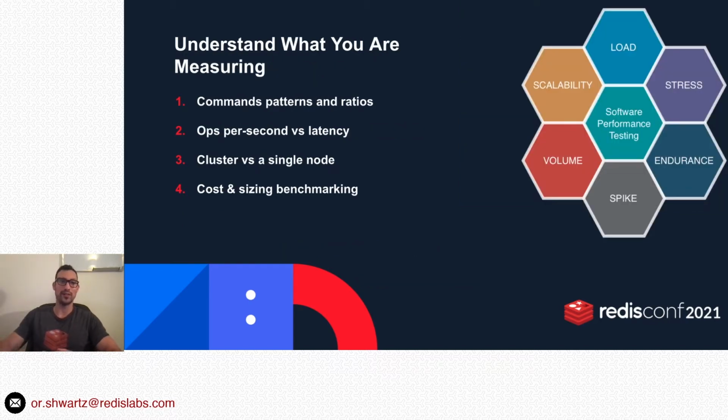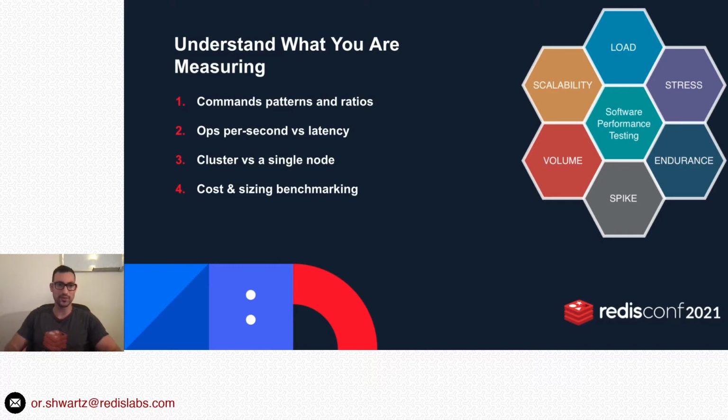Okay, now a very important concept is please understand what you are testing and what you are measuring. This is crucial. Now, what do I mean by that? First, profile your application. Make sure you understand the commands, data size, and data types that you are using, and also the ratios between read and write commands.